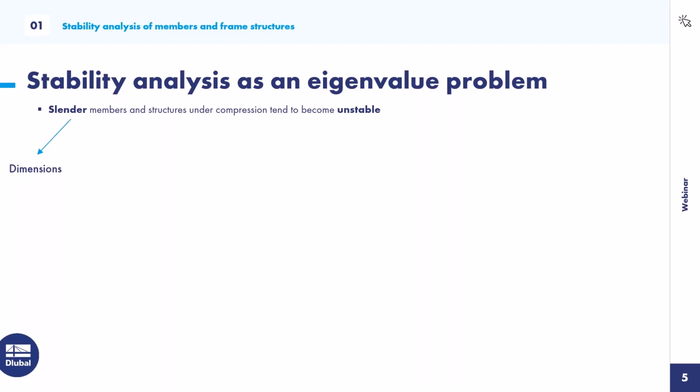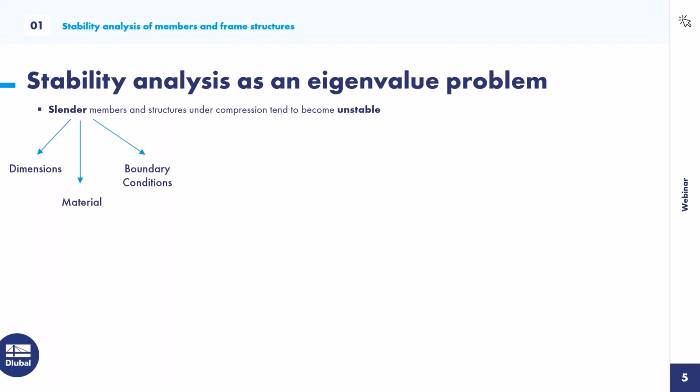The greater the length of a structure or member compared to the cross-sectional dimensions, of course, the more slender and prone to instabilities it is, but it's also related to material properties. If I have a material that has high strength and low stiffness, then it's more likely that stability failure will be the critical design element as opposed to cross-sectional failure.